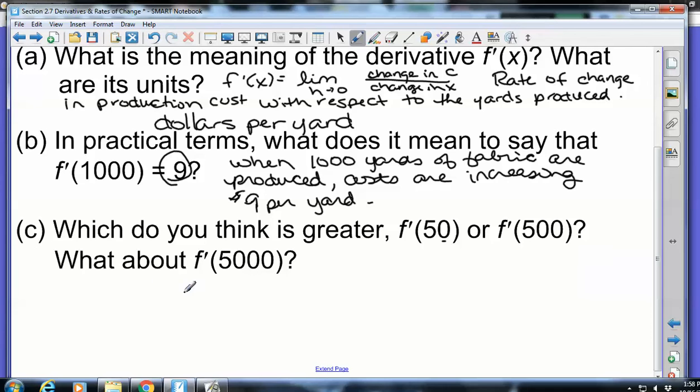So which would be more, at 50 or 500? At 50, because you are only dividing your fixed costs up over 50 items versus 500. So F prime of 50 would be greater than F prime of 500.